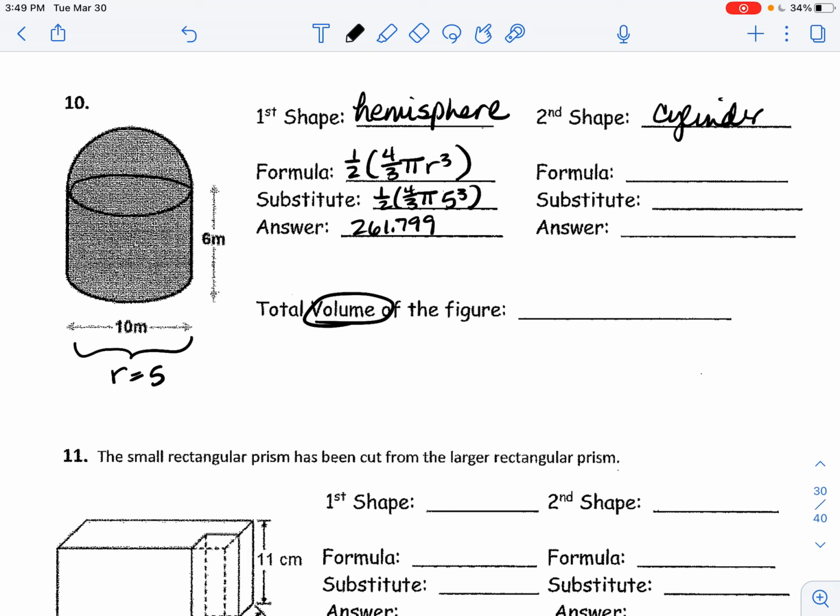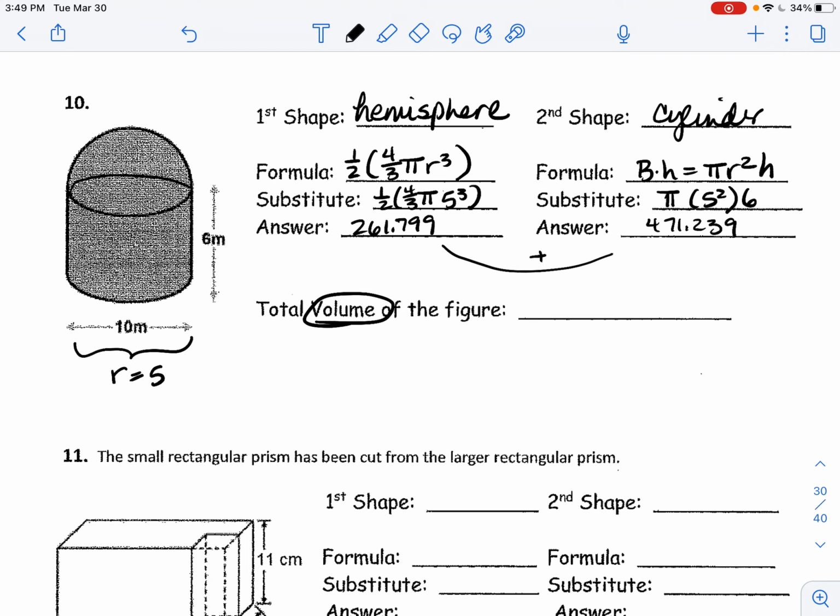261.799. All right, for the cylinder, the volume of a cylinder is just base times height, and we see that the base is a circle, so that's pi r squared times h. When we substitute in, we have pi times 5 squared times the height, which is 6. And so let's see, pi times 5 squared times 6, and that gives me 471.239.